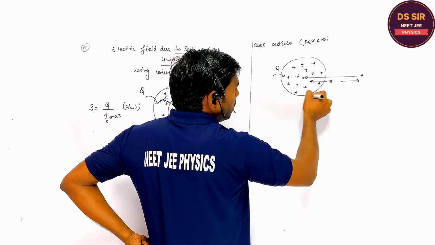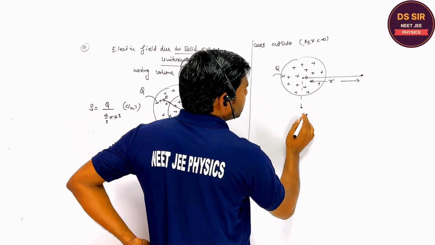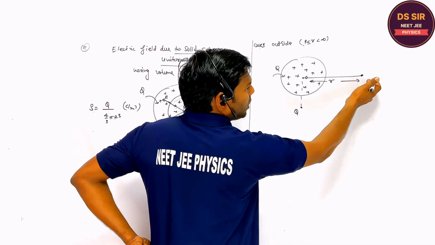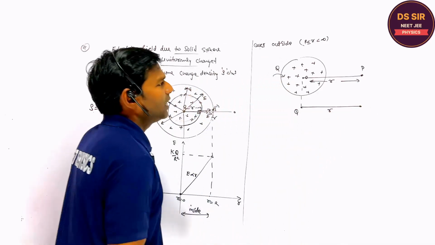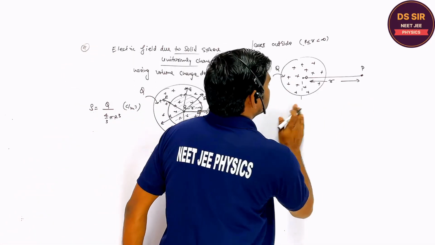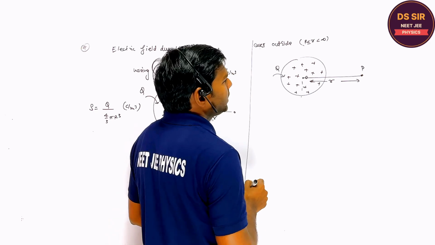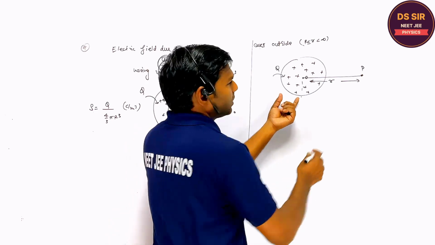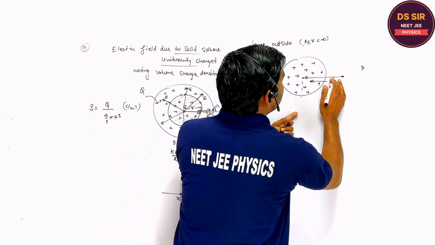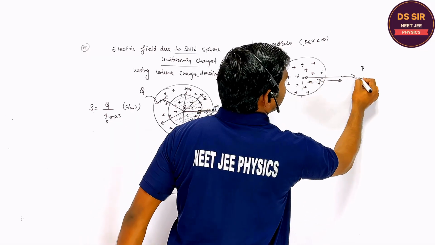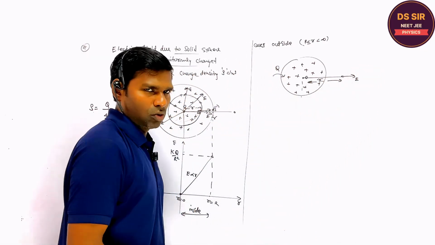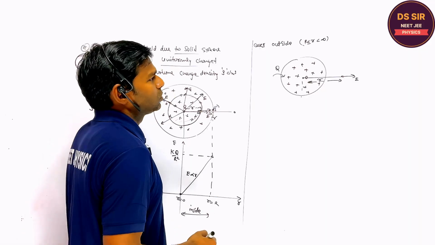Listen one thing. All this charge can be assumed to be present at its center for the outside point which is present at distance r, right? You can think, if this is the point P at distance r, we have to solve the electric field with the help of Gauss's law, although with the help of Coulomb's law we can also write.